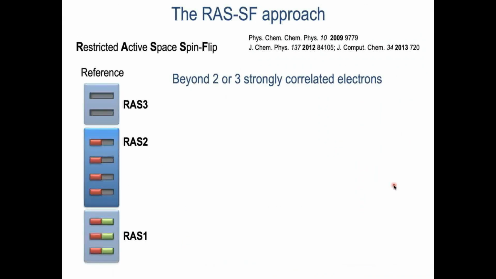And this scheme, first of all, is a generalization of the previous spin flip methods, because it allows you to deal with any number of strongly correlated electrons. And we have a clear scheme to treat different types of systems. What I mean is, we can use a single spin flip to study diradicals and triradicals, or break single bonds like before.